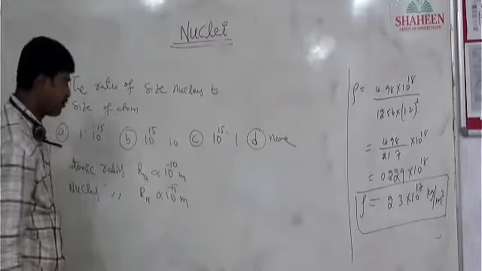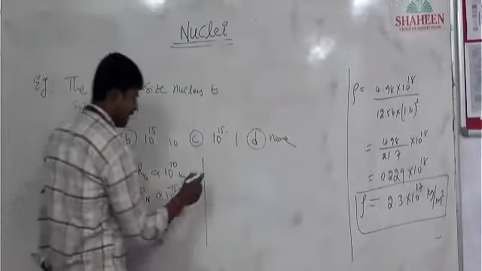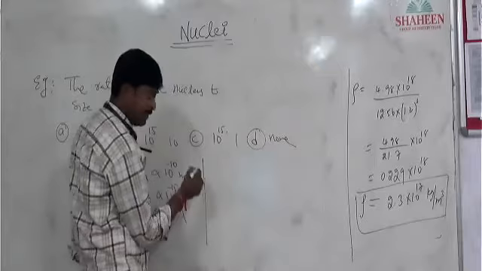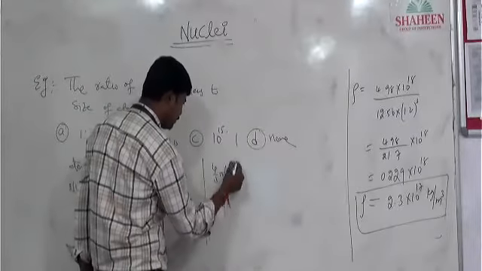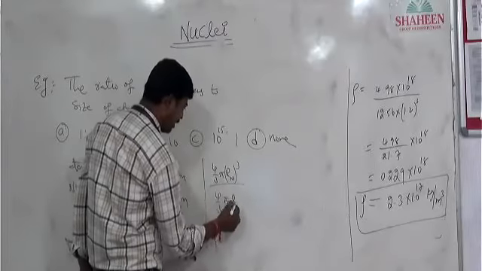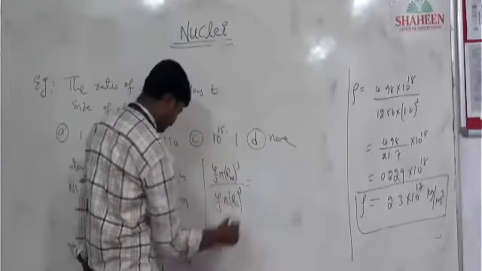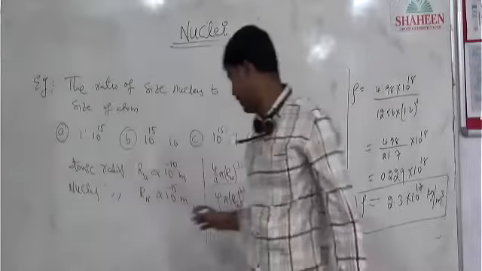Correct? So if you take size of nucleus to size of atom, the volume of the nucleus is 4/3 pi Rn cube by 4/3 pi Ra cube. The proportionality ratio is what they want to calculate, so the 4/3 pi will be cancelled out.